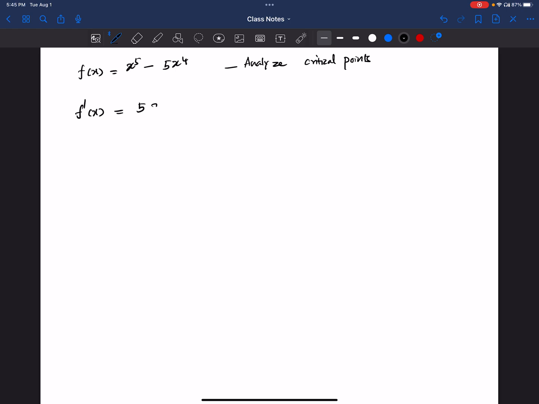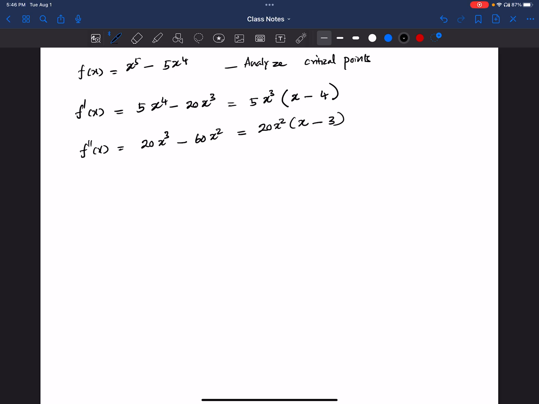That's going to be 5 times x to the power 4 minus 20 times x to the power 3. If I factor from this, that's 5 times x to the power 3 times (x minus 4). Then f double prime of x is 20x to the power 3 minus 60x squared. Take 20x squared, this is going to be (x minus 3).